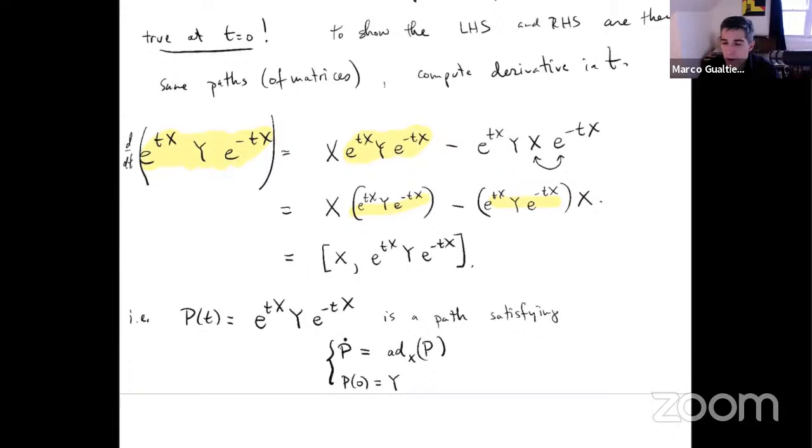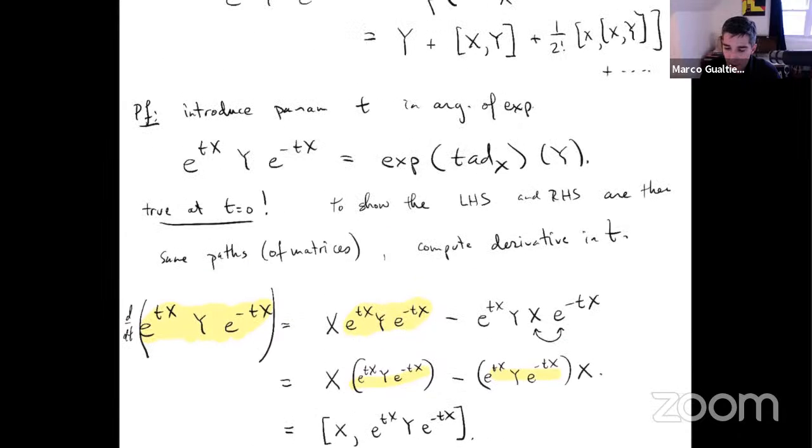Okay, so this path, because of the way it's constructed by putting t into the argument to the exponential, satisfies a differential equation. It's a differential equation on matrices, saying that the derivative of the matrix is the commutator of x with that matrix.